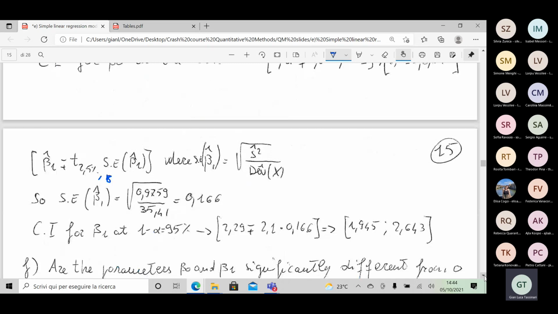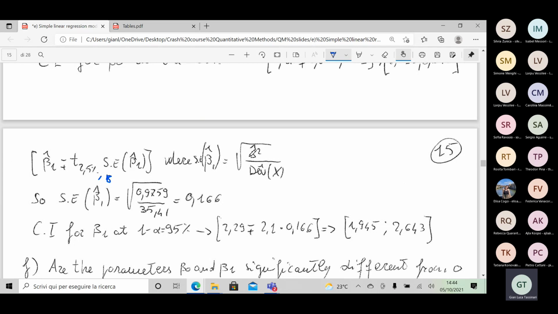Okay, now we want to build a confidence interval for beta 1. Again, the formula is easy to remember because you have beta 1 hat plus or minus the value you can find on the table of the student's t times its standard error. The standard error of beta 1 hat, which I told you that you don't need to remember, is the square root of s hat square divided by the deviance of x.